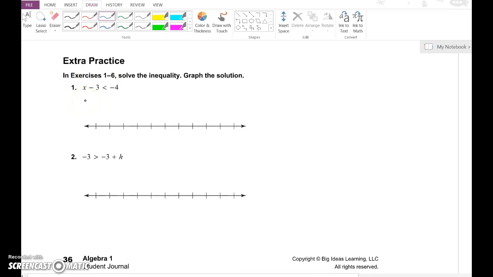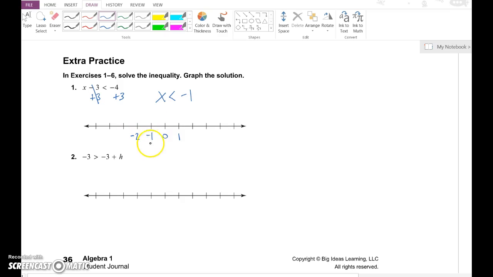You solve these just like you would an equation. So to get x isolated, you would add 3. And when you do that, these cancel, and you are left with x is less than, negative 4 plus 3 is negative 1. So when you make a number line here, you can be real simple about it. Let's just throw on a 0, a 1, a negative 1, maybe a negative 2.